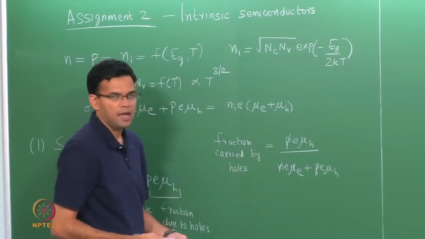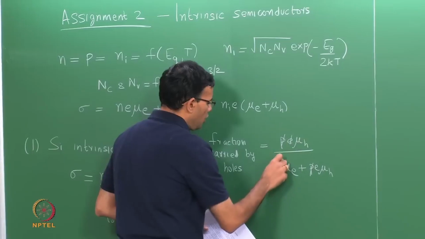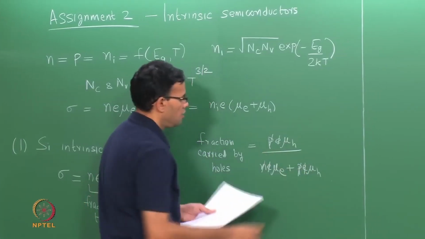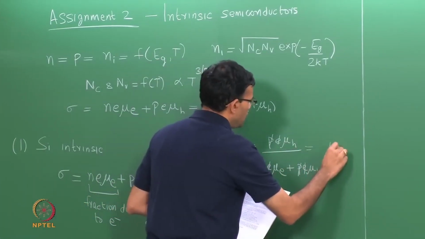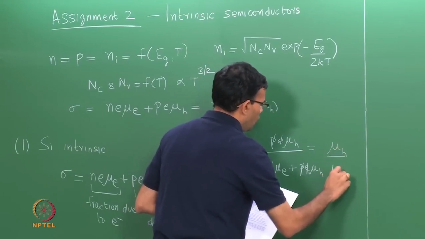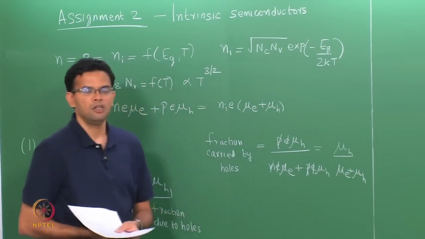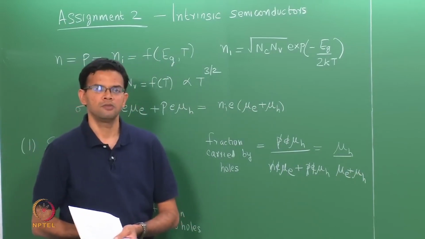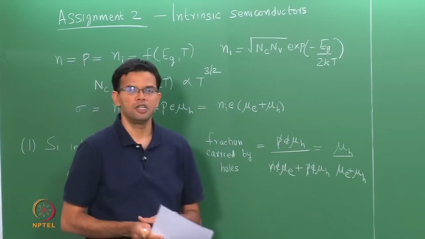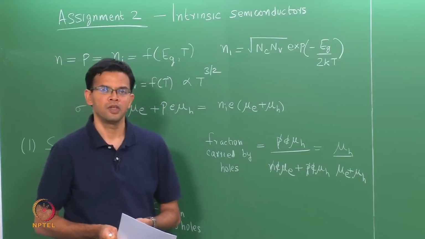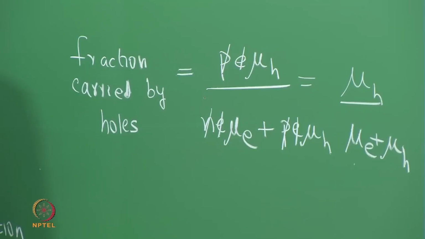So, these terms cancel, e will also cancel. So, this is nothing but mu h over mu E plus mu h. So, the fraction of current carried by holes is directly proportional to the hole mobility. We can plug in the numbers for silicon here.